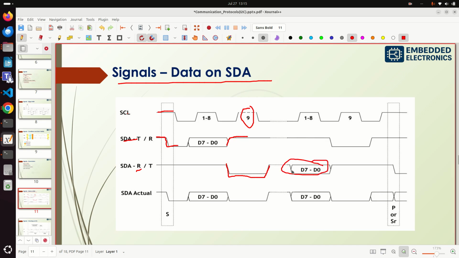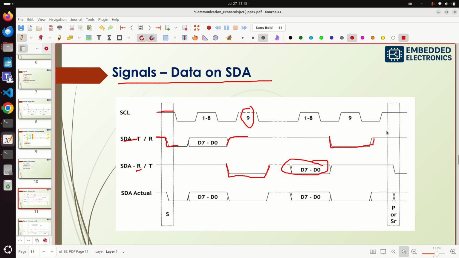Now it is the transmitter and this is the receiver. Master is going to read the data and give the acknowledgement at the 9th clock pulse, by pulling the line low. After that it will stop the communication.